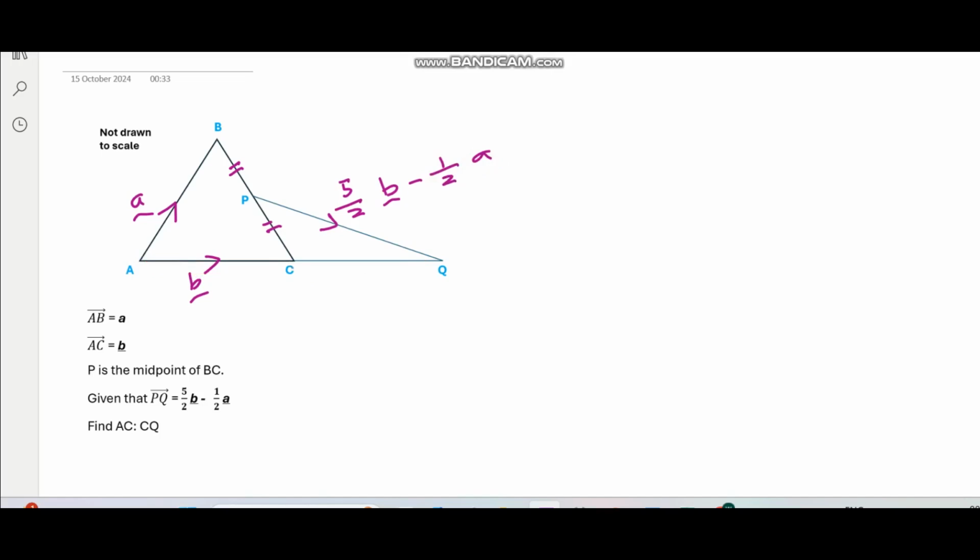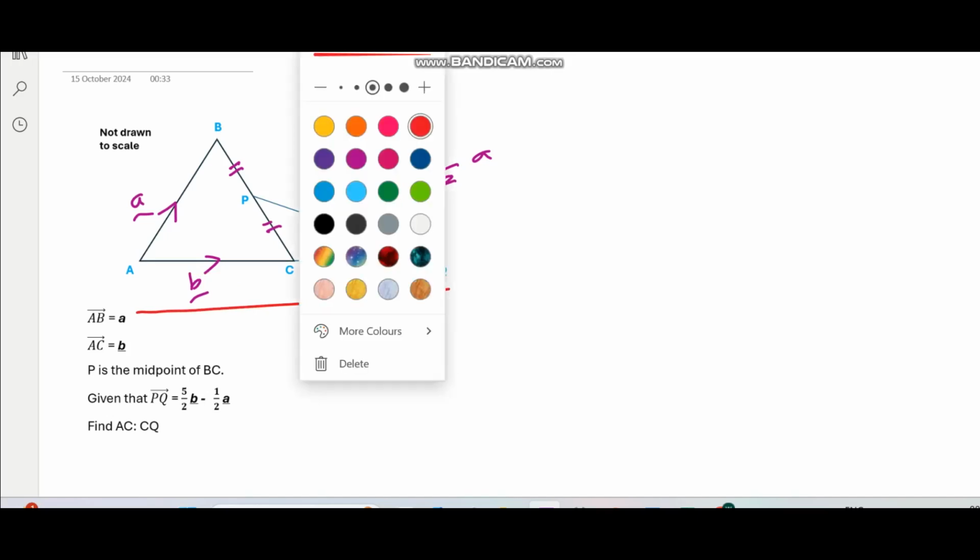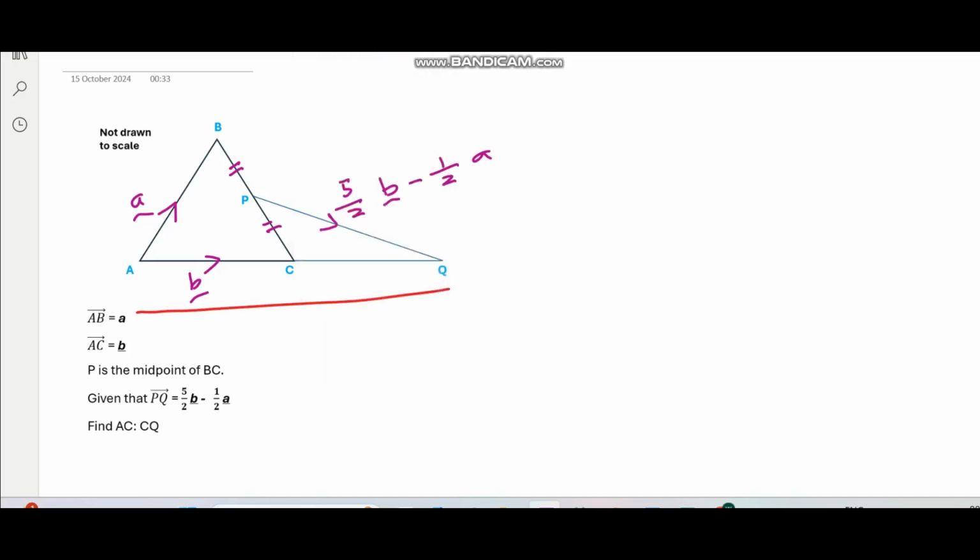Now, what we are hoping is, if we can find an expression for AQ, and how do we do that? AQ will be AP plus PQ.